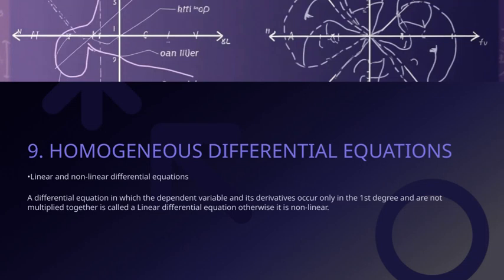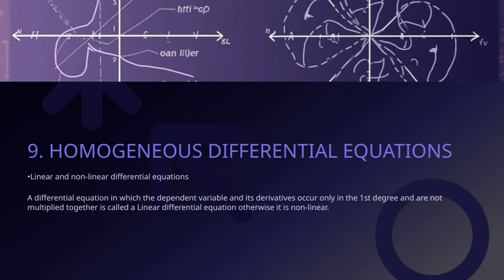Now, let's move on to homogeneous differential equations. These are a special class of differential equations that have a particular structure. Essentially, a differential equation is called homogeneous if all the terms are of the same degree, or more specifically, if the equation can be written in a form where every term involves the dependent variable or its derivatives in a consistent way.